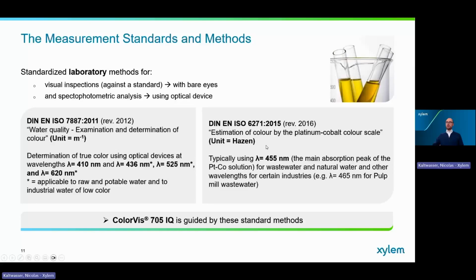On the other hand, the ISO 6271 for the Hazen measurement is not defining a certain wavelength to do the measurement at, but a typical wavelength is 455 nanometer, as this is the main absorption peak of the platinum cobalt solution. And so our ColorVis 705 IQ is guided by these standard methods. Patrick will show you later on that we are covering all those wavelengths and even more with the sensor.